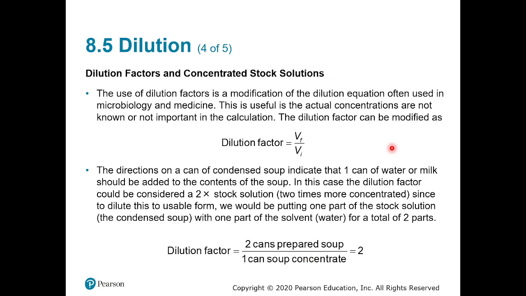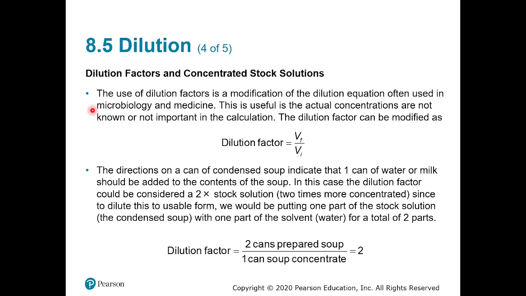So these are some different dilution factors and some concentrated stock solutions we're going to talk about. The use of a dilution factor is going to be modifying the dilution equation. Typically, it's used a lot in microbiology and medicine, where they do the same dilution over and over and over, and they don't want to have to write out the entire equation every time.